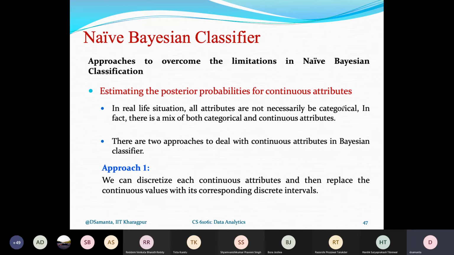If we do this kind of pre-processing, changing the attribute values from numerical to categorical, then the corresponding values can be put into the table, and this table is useful for the Bayesian classification technique. This is approach one. It is possibly very simple, but as I said there is information loss, so it may not give very accurate results.